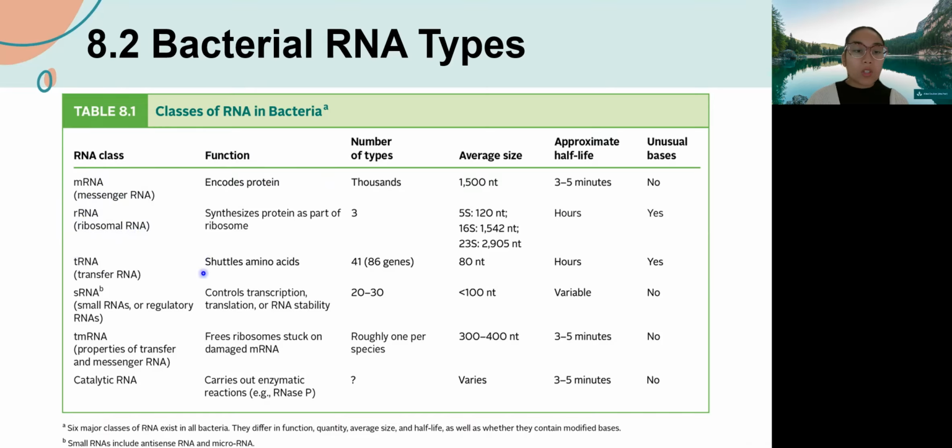There's tRNA, which you probably know is the one that transfers the amino acids to the ribosome when proteins are being made. And then there's a bunch of other smaller ones, sRNA, tmRNA, catalytic. We don't really need to know that, but just know that RNA is not just mRNA, right? We also have ribosomal and we also have tRNA, which are super important when we talk about protein synthesis.